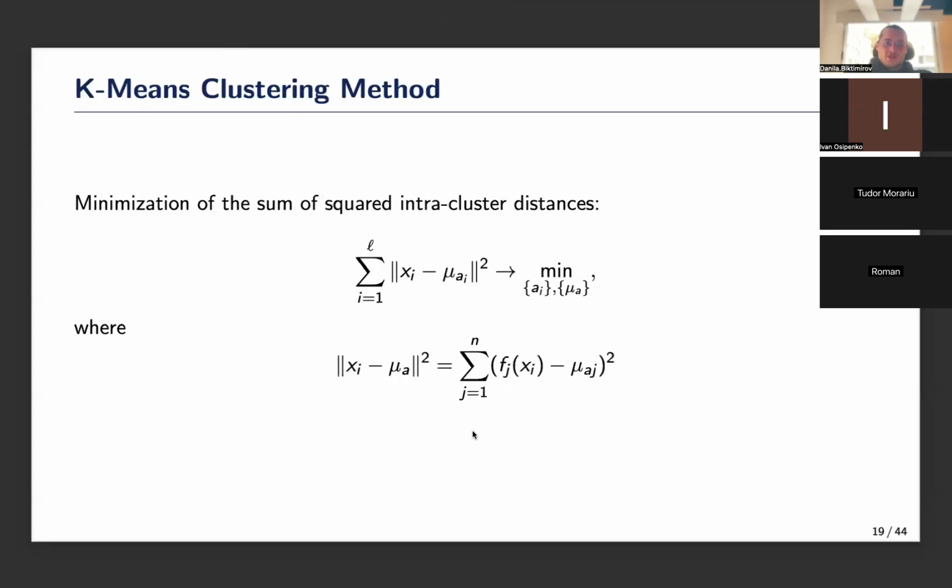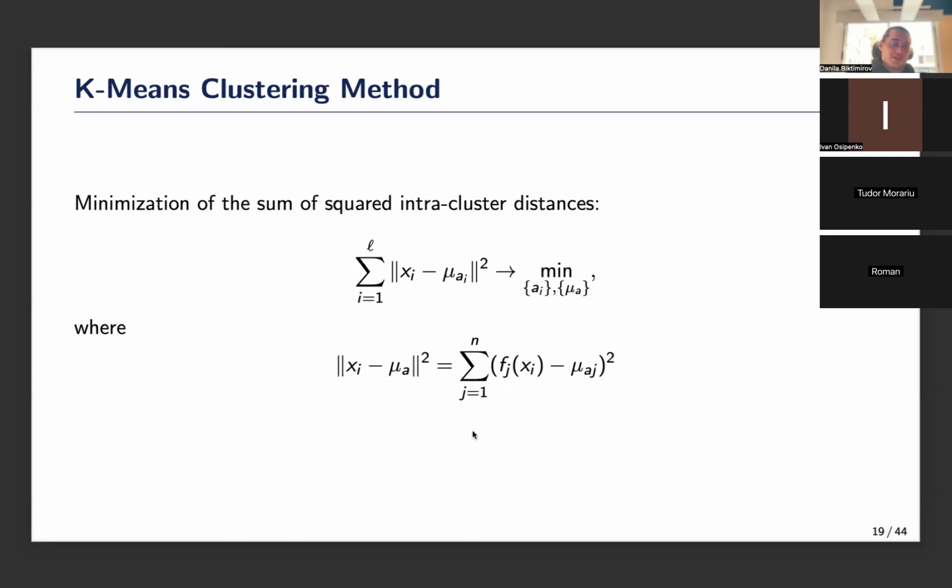Now let's use all these previous ideas to understand how the most popular, well-known, and simplest clustering method, k-means, operates. K-means is an optimization algorithm that minimizes the sum of squared intra-cluster distances.